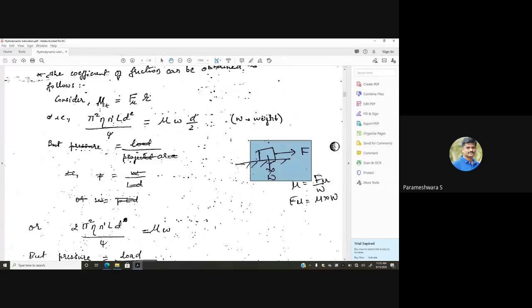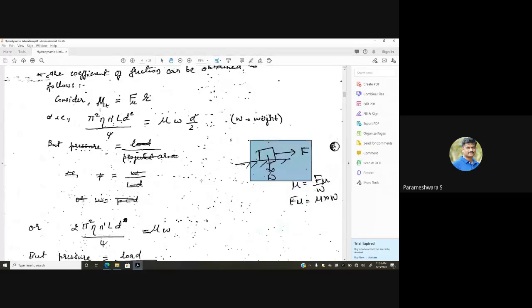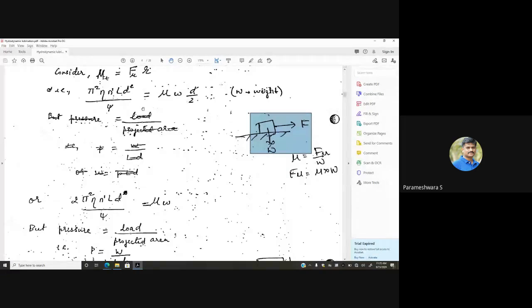So I will make use of the torque expression: mu t is equal to F mu into R. Substitute the formula obtained for frictional torque, and replace this F mu with mu into W, where mu is the coefficient of friction and W is the weight, and also replace this R by diameter by 2. Then rearrange this formula, taking mu on one side and the remaining on the other side, dividing the common terms.